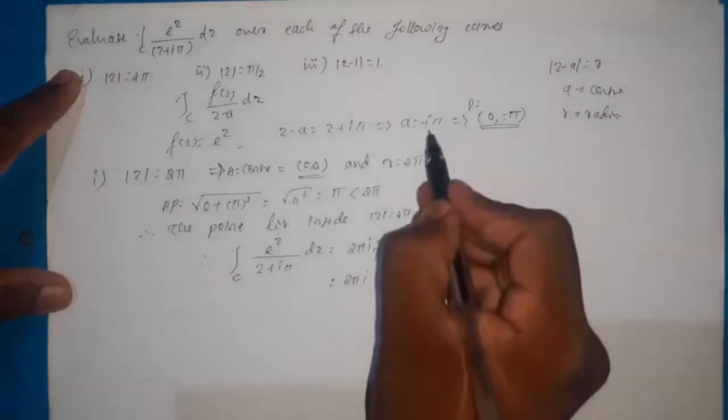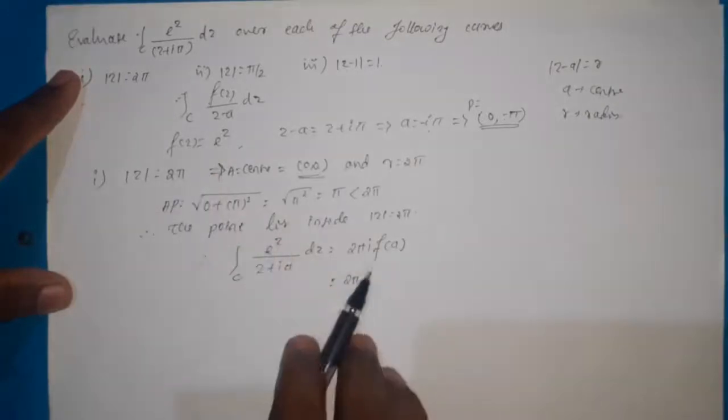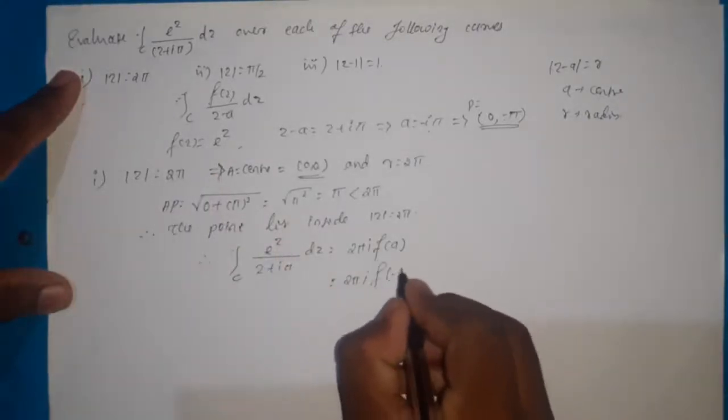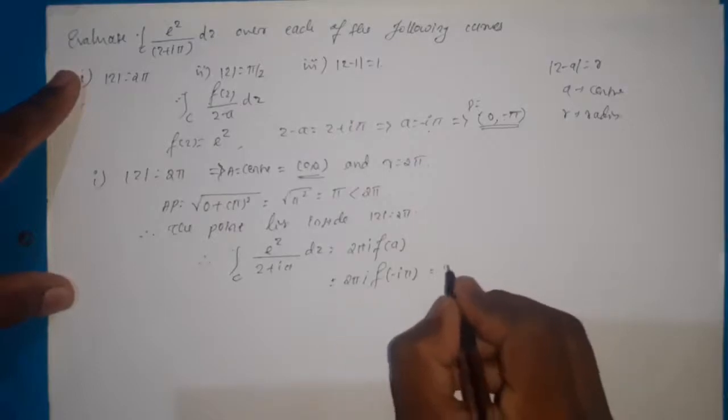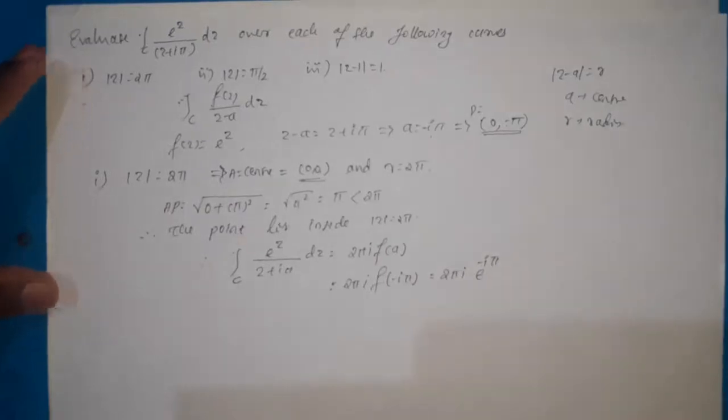Here a is equal to minus I pi, and f of z equal to e power z. So therefore now f of a becomes f of minus I pi, which is equal to 2 pi I into e power minus I pi. And to evaluate that e power minus I pi, we know that e power I theta equal to cos theta plus I sin theta. So by using that definition, here we can evaluate the value of e power minus I pi.